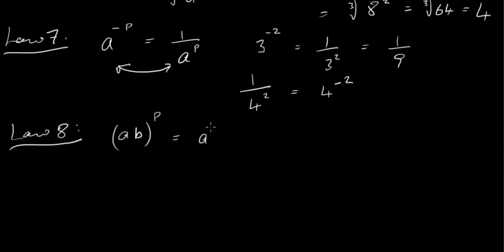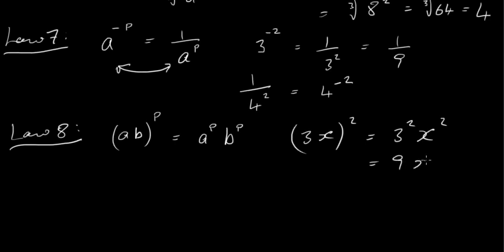So in other words, you've got a to the power of p, b to the power of p here. So for example, say you've got 3x and you want to raise that to the power of 2. That's exactly the same as 3 to the power of 2 times x to the power of 2. So that's just simply 9, 3 3s are 9, x squared. That's law number 8.